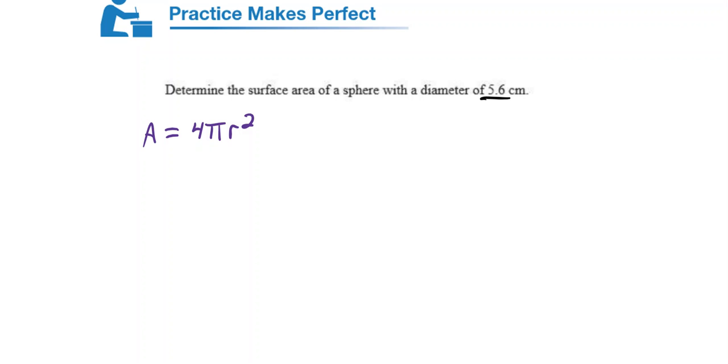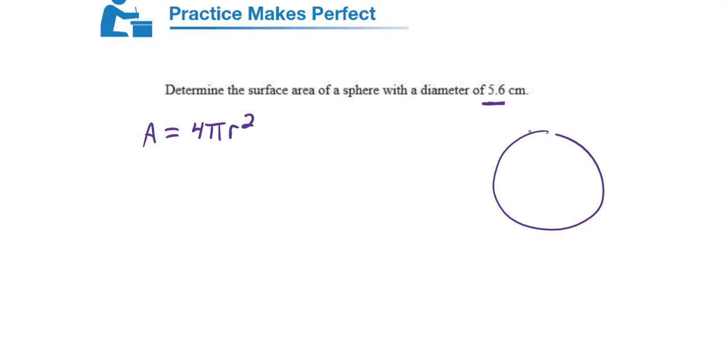But what's wrong with our number here? Really, if I find the radius, that's all I need, and it tells me the surface area. But that 5.6 is not the radius, that's the diameter.